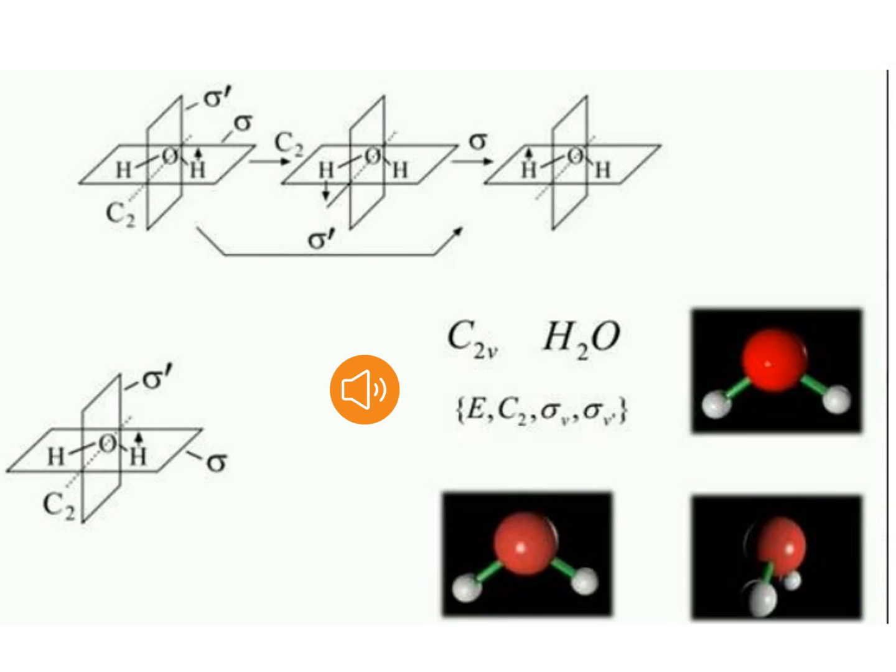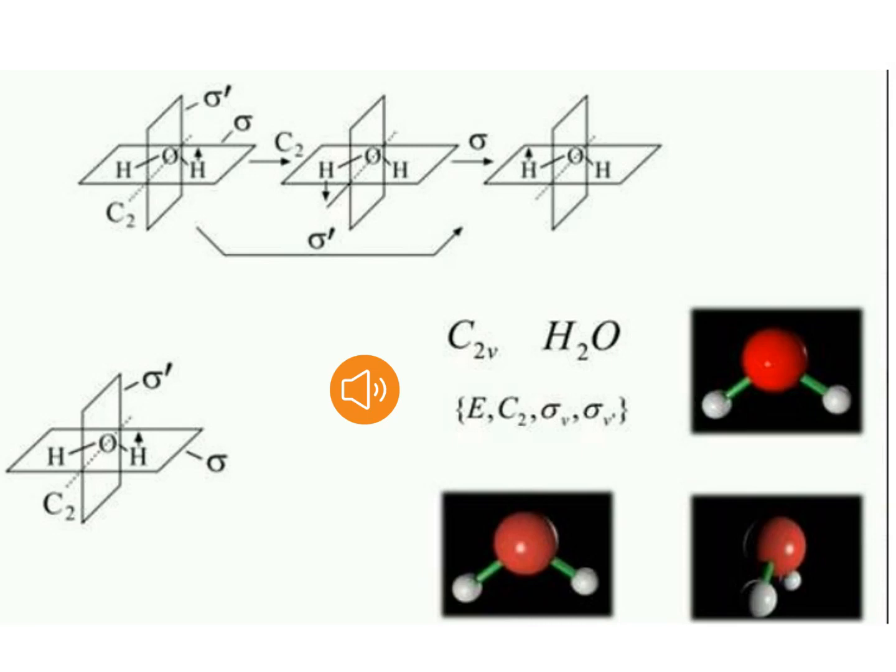Whether or not a molecule possesses other symmetry elements, it has identity. So the water molecule has four symmetry elements: the first is identity, the second is C2, the third is sigma v1, and the fourth is sigma v2.